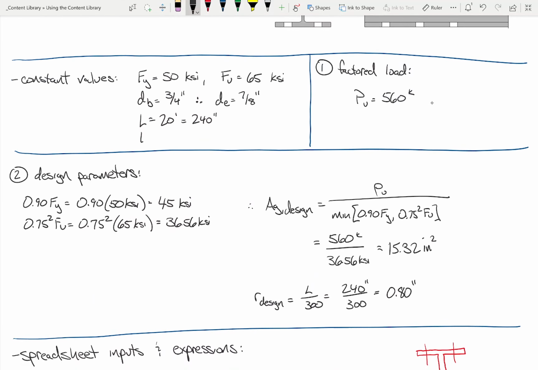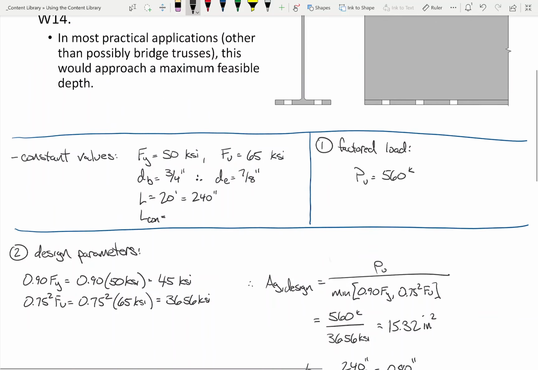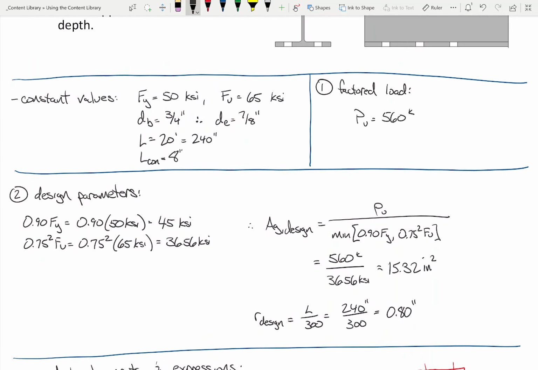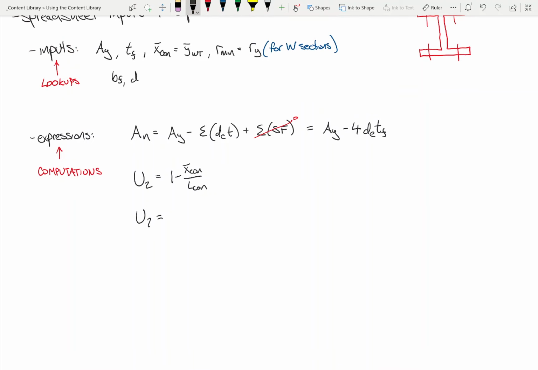What is the connection length for this problem? 8 inches. So this is going to be 1 minus Y bar for the WT over L connection. Is that fair? So let's put that up here.